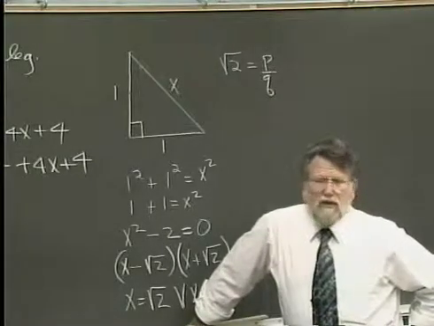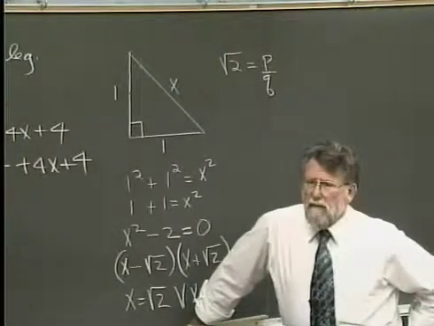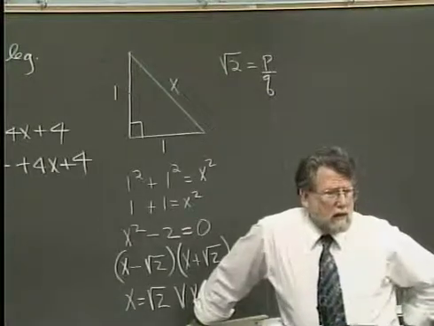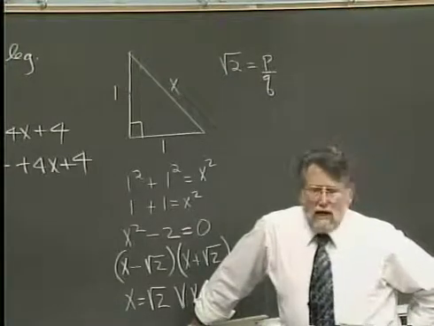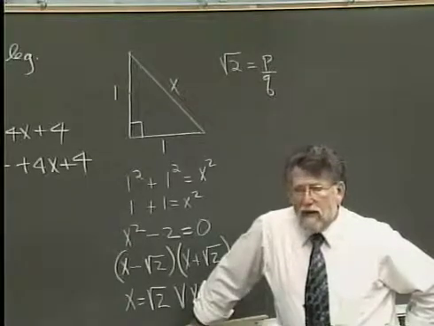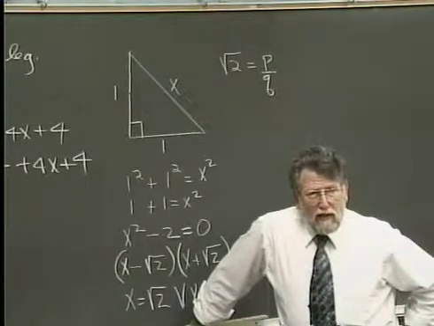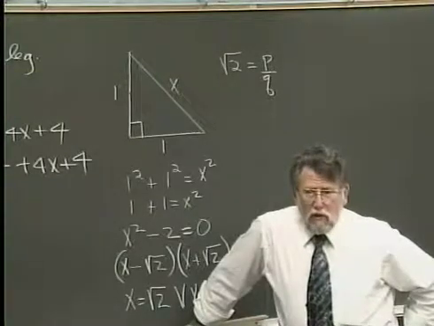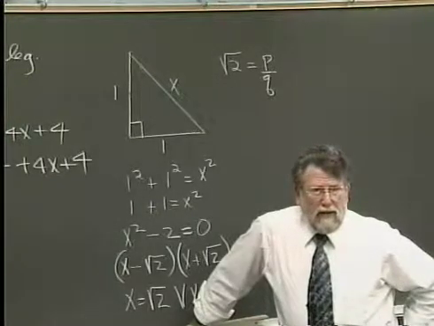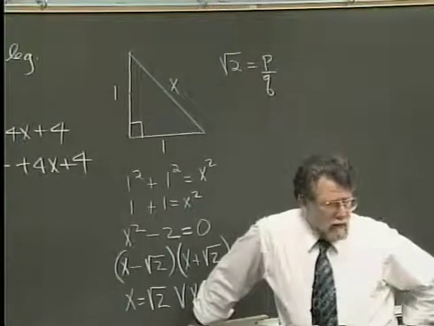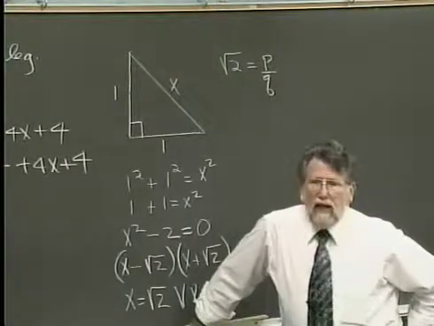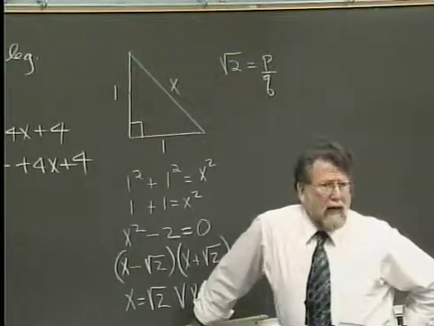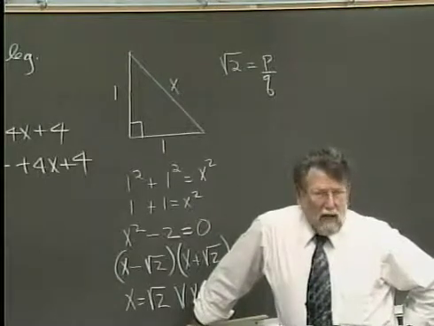The argument was, assume this could be done, that you could write the square root of 2 as a ratio of p over q, and here's the very necessary observation. P and q are relatively prime, meaning they have no common factor. That has been reduced. So p and q, a fraction, q not equal to 0, and p and q have nothing in common.